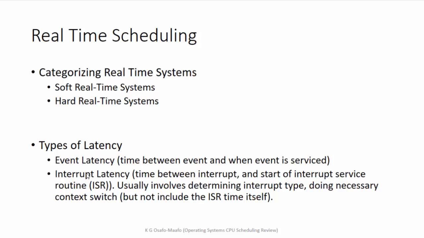That time when it's trying to determine what to do is called the interrupt latency. So for real-time systems, interrupt latency is important, because when something happens, you want to make sure that the interrupt latency is small enough that you can run the interrupt service routine, and then handle or run the process that's supposed to deal with whatever has happened.